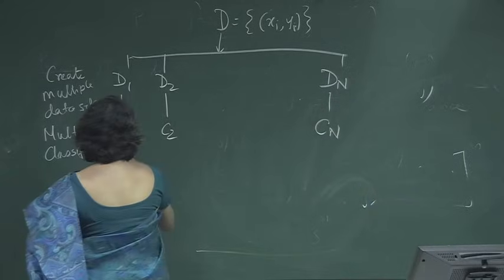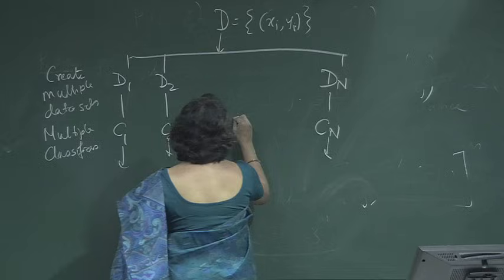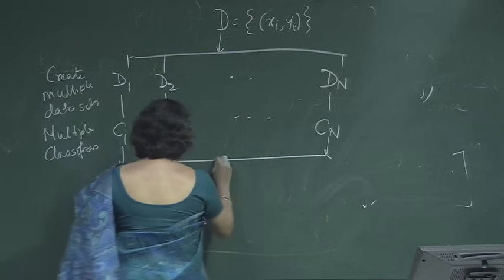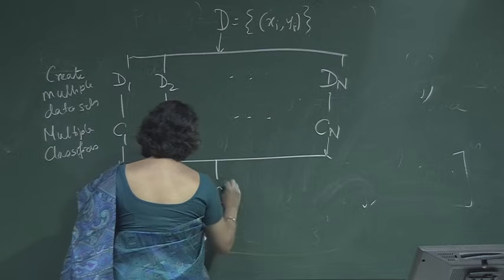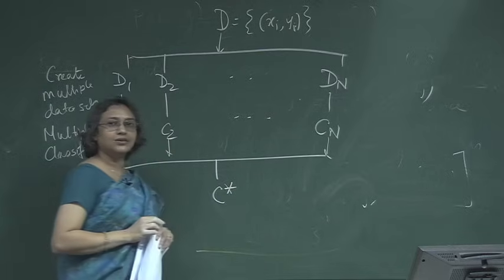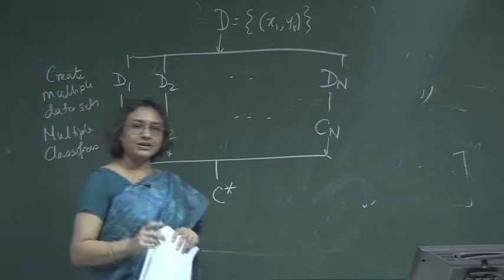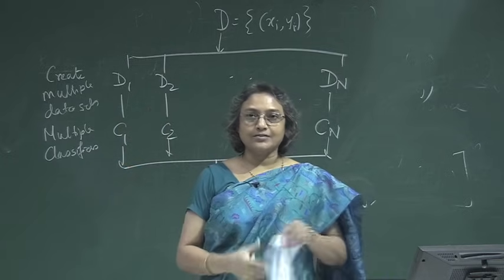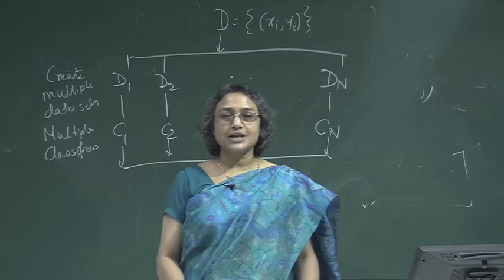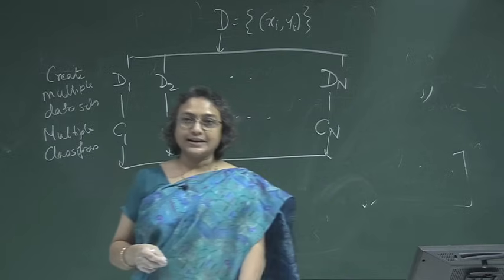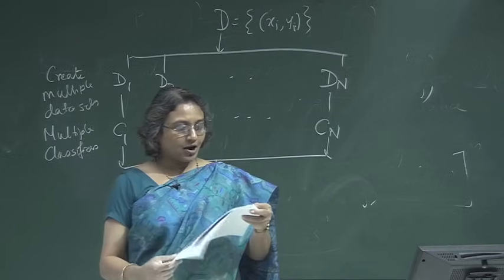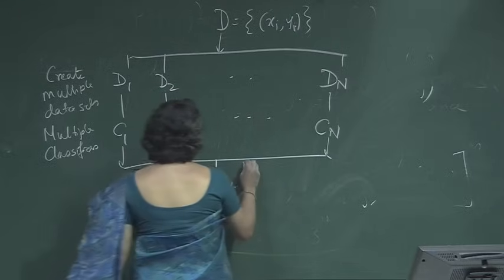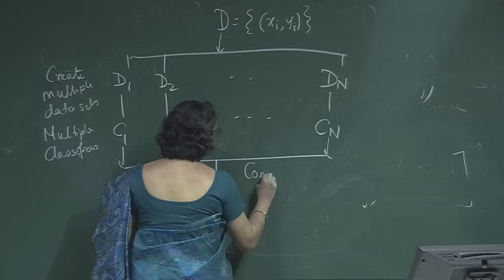And as a result, you will get output from all the learners and you will combine the output by using a voting mechanism and get the resulting ensemble classifier. The combination can be done by weighted voting, unweighted voting, which we have just talked about. It is also possible to use other types of combination like taking the median, taking the product, taking the minimum, taking the maximum. So, some type of voting or combination is done.